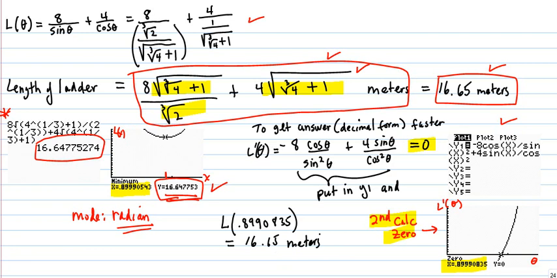So you use your exact methods. Challenge yourself to try to get these algebra answers exact. This is the exact version. And then do your technology skills to verify everything using the calculator.